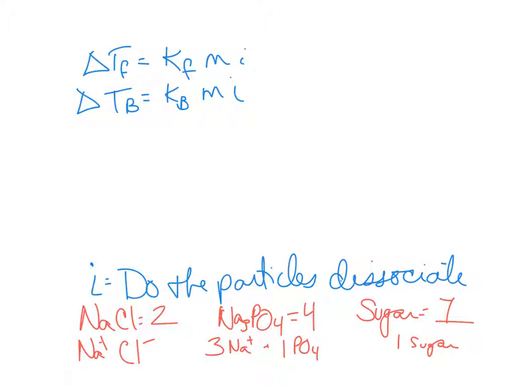So anyway, this is just a little bit about colligative properties and freezing point depression, boiling point elevation. I'm going to write out the equations one more time in words so you can remember what all the bits mean. And then you should be all set to finish the worksheet and or do your problem set.